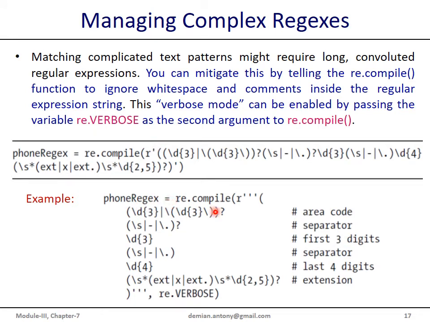This is how we have to do it. We have to consider this as a raw string with triple quotes. This is a multi-line string, using triple single quotes or triple double quotes, wherein you can specify the portions of the regular expression on different lines. First one is for the area code, second one is a separator, then the first three digits, and so on.